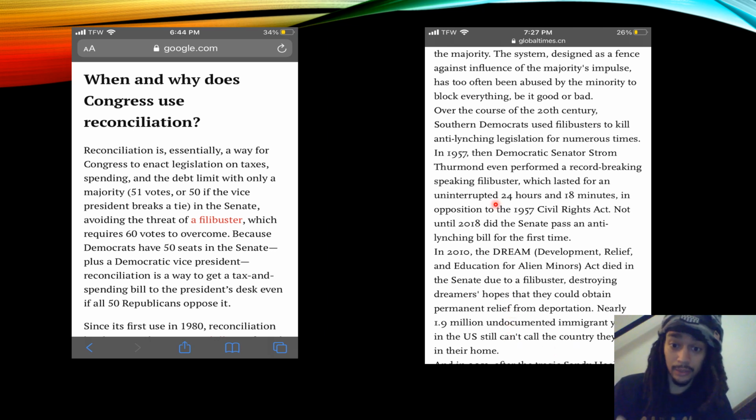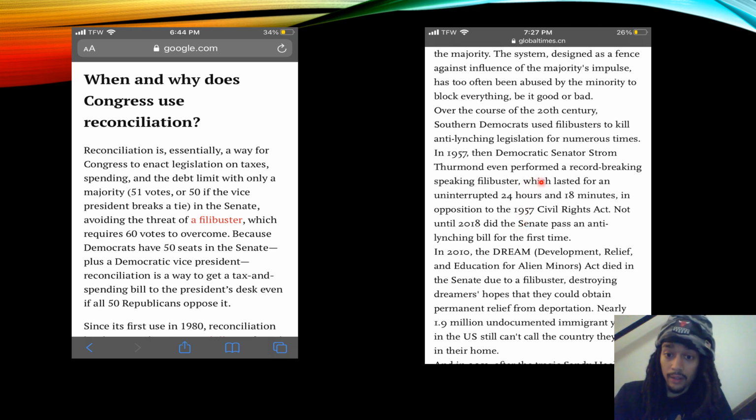So we got two examples of filibusters, and there's the Senate pass. But what got me is how long it took. They did not pass an anti-lynching bill until 2018. That is far from when that happened.